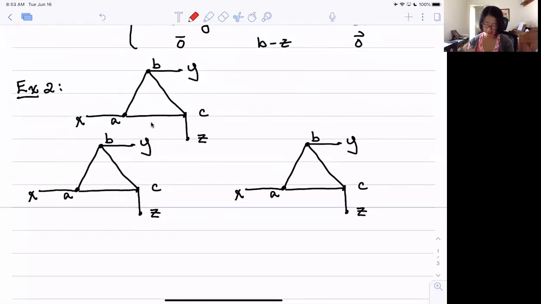Okay, so I need to start by orienting all my tie-down bars away from the original graph. So I'll get that. And now you can see I have 3 more edges to orient, and when I go to vertex A, it has out degree 1, it needs out degree 2. It has 2 unoriented edges, so I have 2 choices. If I orient the edge from A to B away from A, now A has out degree 2.